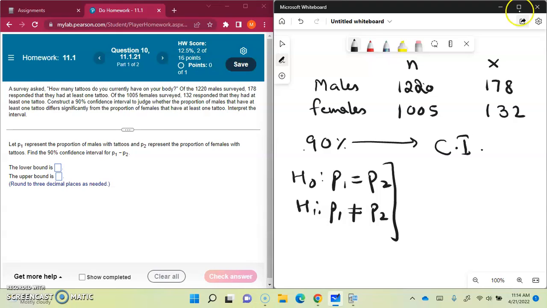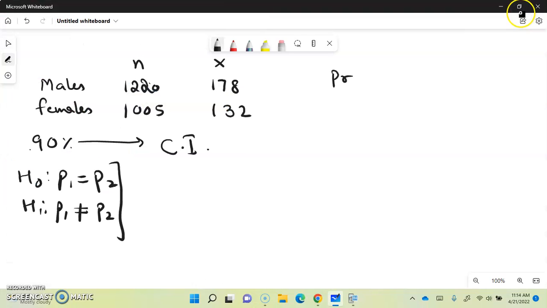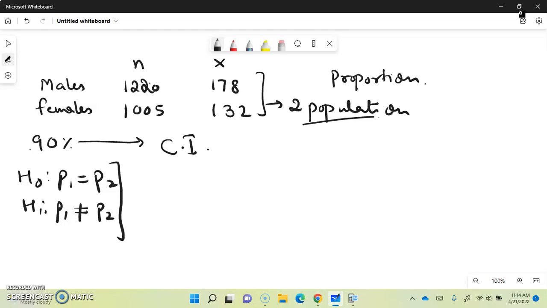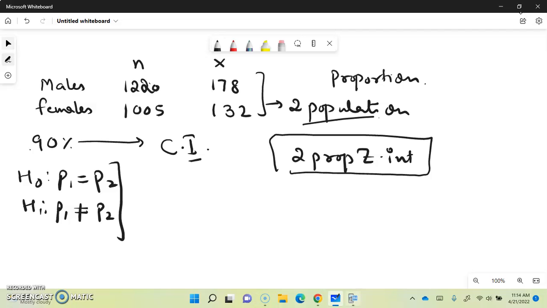Whenever you're dealing with proportions and there are two different populations, two different sample sizes, then we use 2 prop z interval because we are creating an interval. So you need to use 2 prop z interval on your calculator.